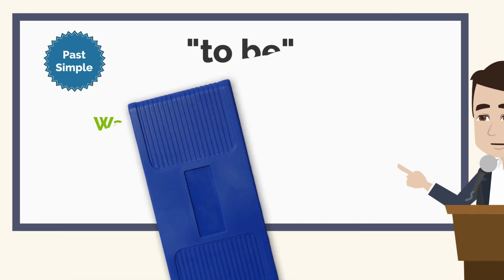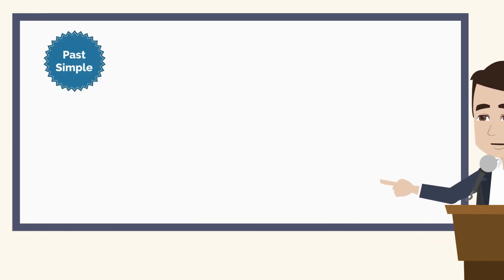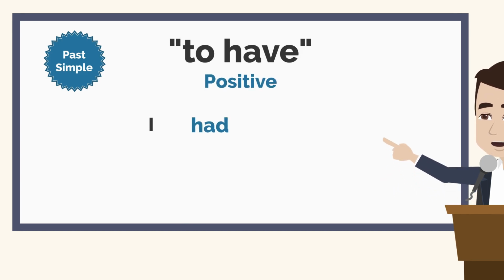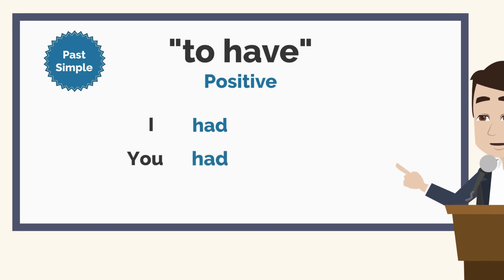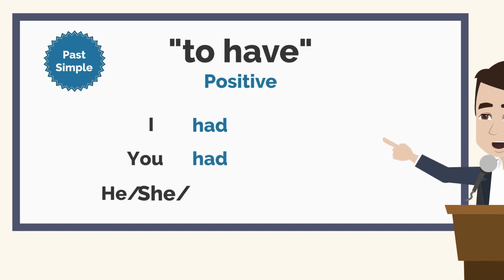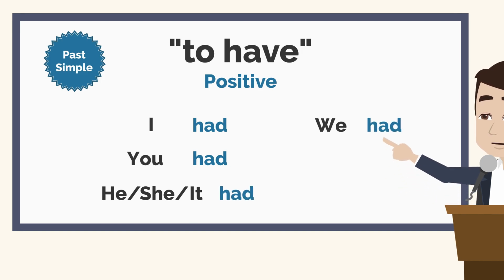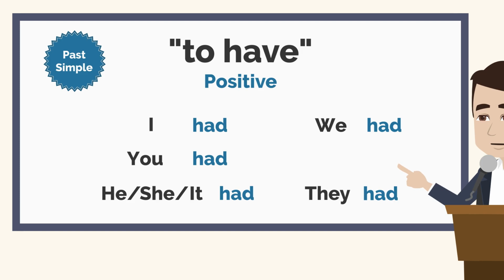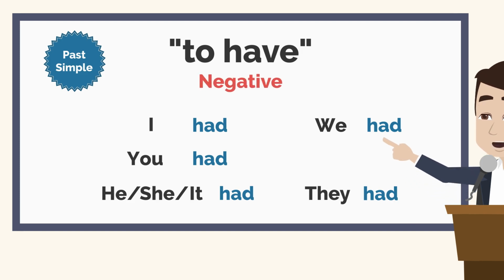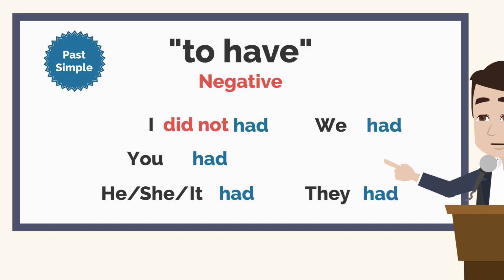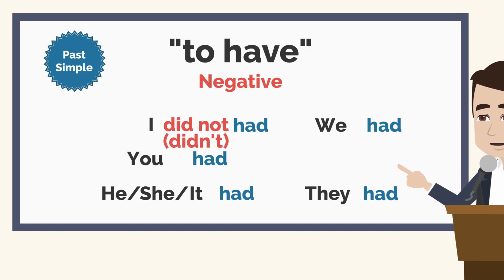Next, let's look at the past simple conjugation for the verb to have. The positive conjugation is I had, you had, he, she, it had, we had, they had. The negative conjugation is I did not or didn't, if you want to use a contraction, have.